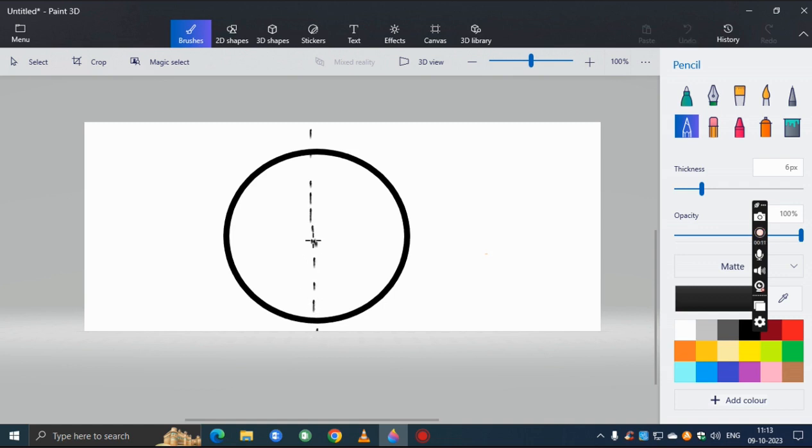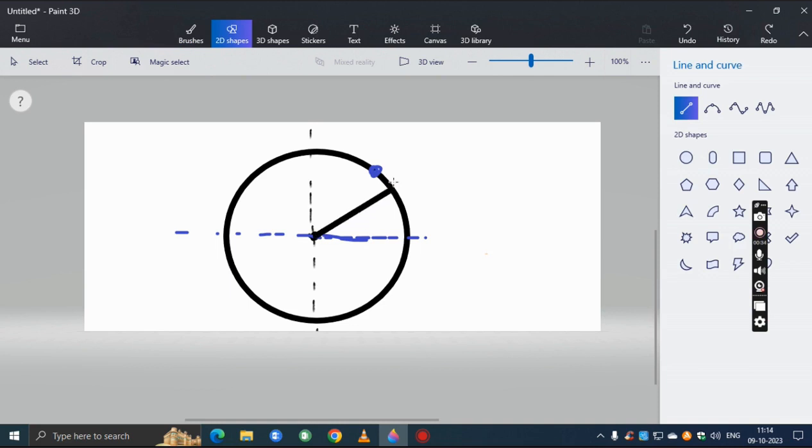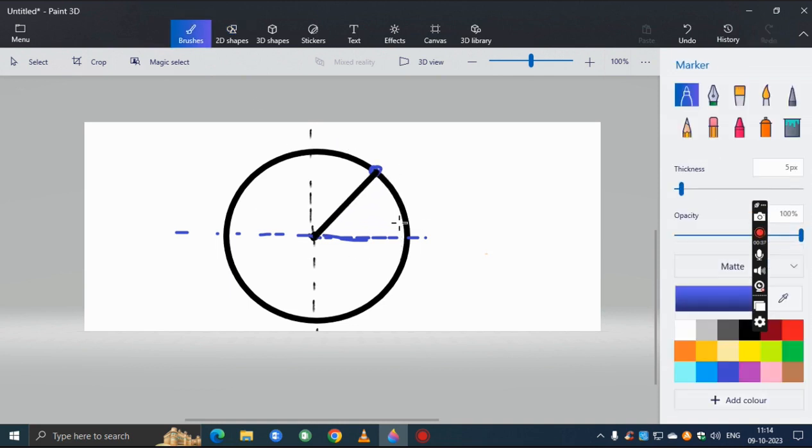So let's say this is the axis of rotation of the Earth. Now let's say an object over here. This is the equator. Let's say it's making an angle phi with the equator.